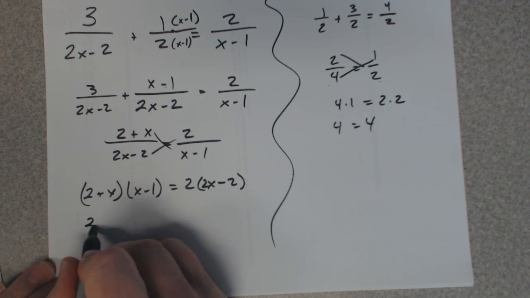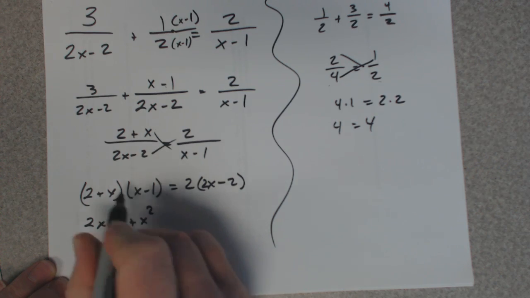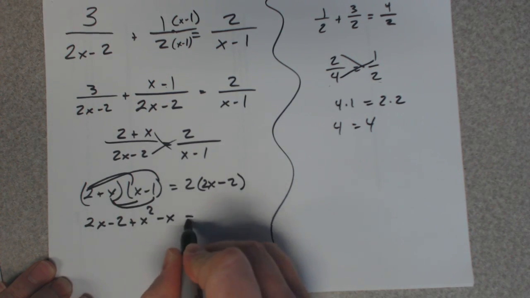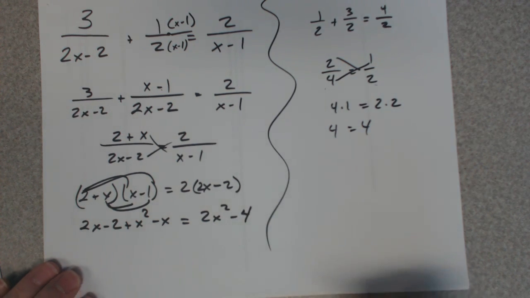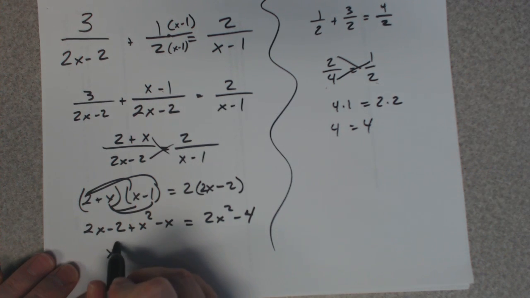Simplify that, it'd be 2x minus 2 plus x squared. I'm just distributing a 2 and distributing the x. All right, and then I got x squared minus x.